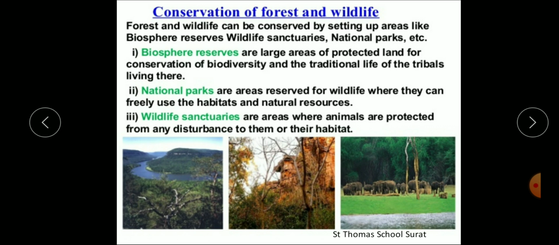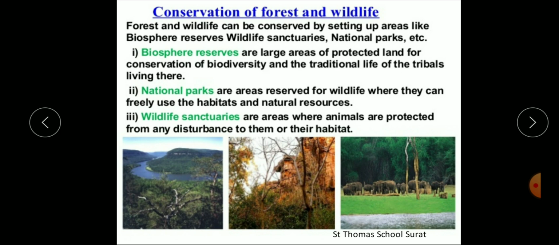Hence cultivation, grazing, felling of trees, and hunting are all strictly prohibited. The government has laid down strict rules and policies which are implemented in these areas.